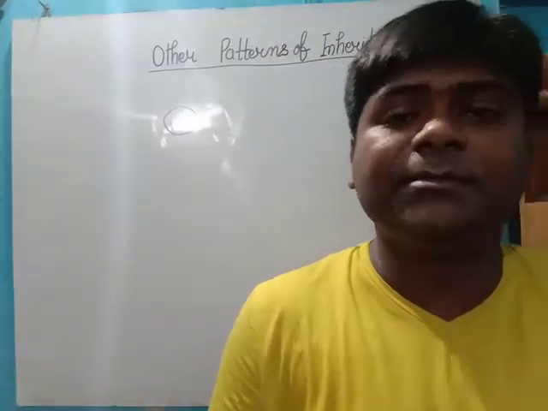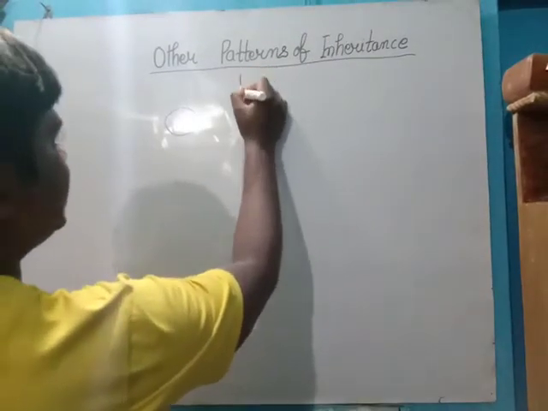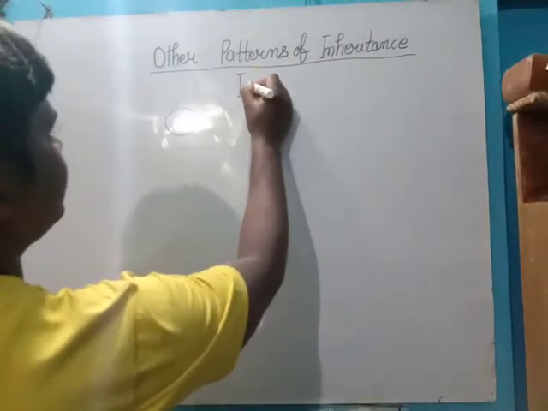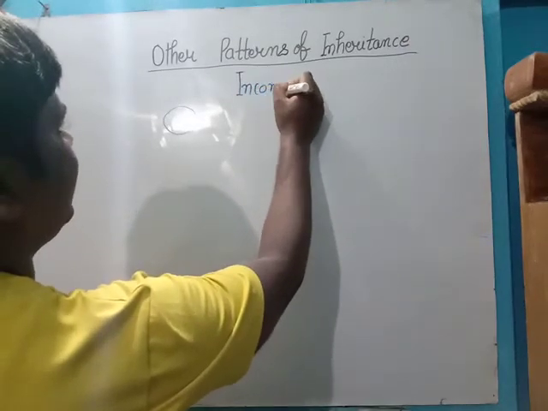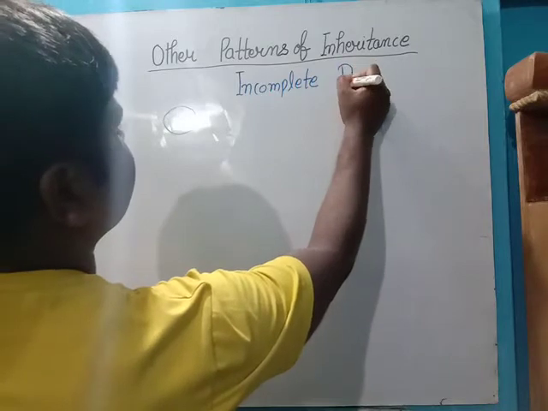First one is incomplete dominance. Other patterns of inheritance we will discuss about incomplete dominance.